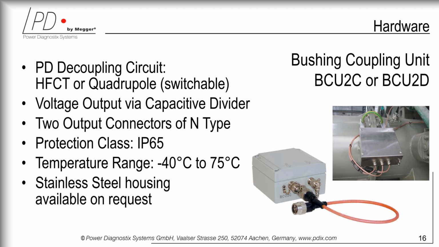The entire housing is stainless steel and it's also aluminum. Based on whoever chooses to install them, they have different preferences. The typical cases that we sell and I've seen on many transformers are actually the aluminum housing.